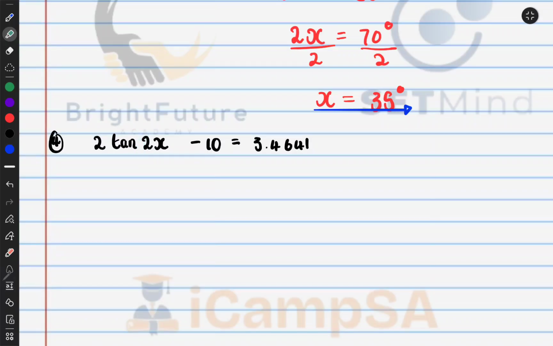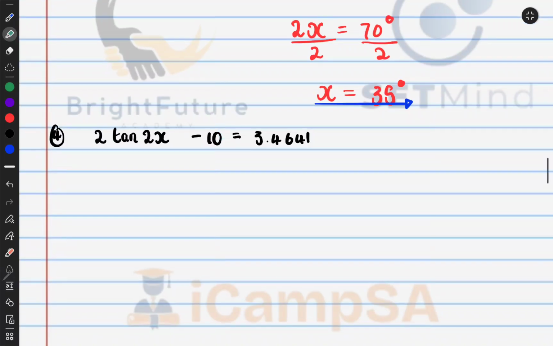You also see that that 10 doesn't have a degree sign there, so it's not part of the angle. What is the angle here? The angle is just 2x, and everything else is just separate. The goal is to isolate the angle, but in order to do that we need to remove the 10 and the 2 first.